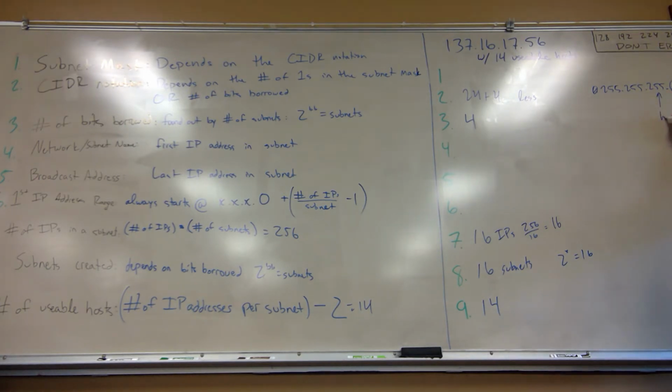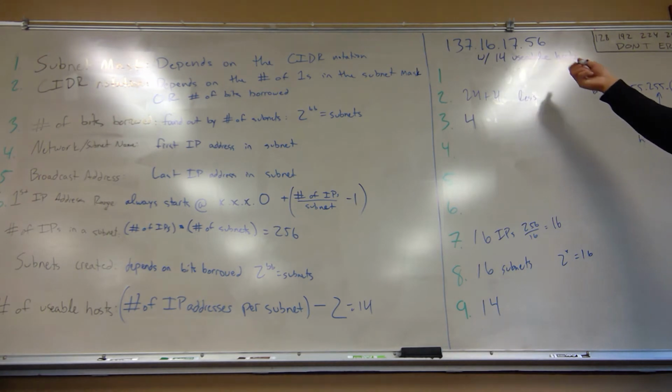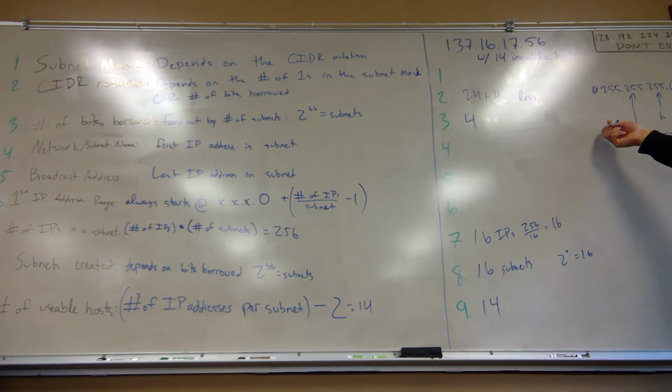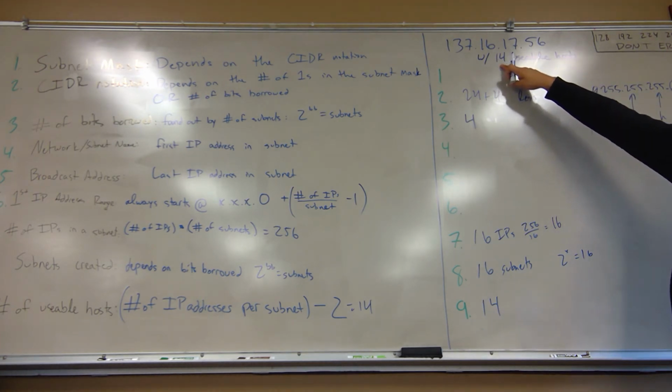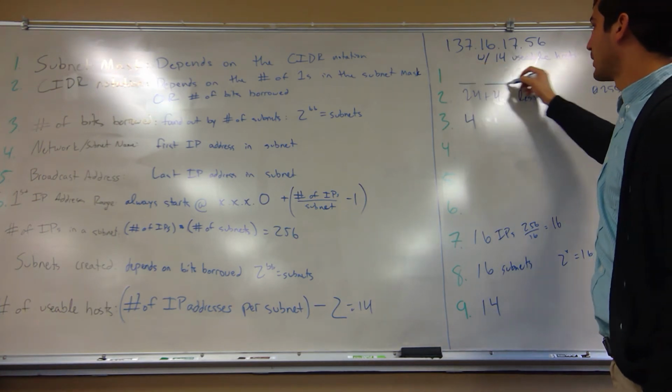For this octet, its host count has to be less than 255 times 255. Make sense? So the number of usable hosts tells us which octet we're going to be using. Because this number is less than 255, we know it's going to be in the last octet.